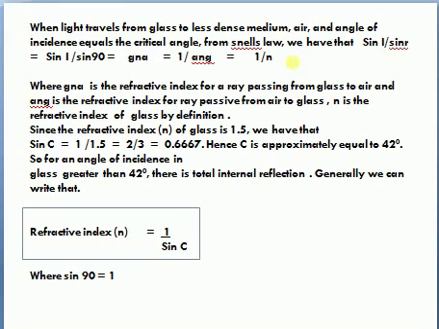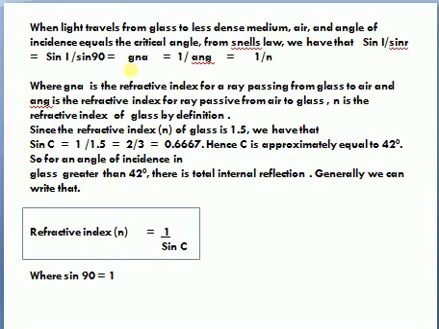From Snell's law, we have this equation. Remember, as Snell's law, we have that n, which is the refractive index, is equal to sine i over sine r. But in this case now, our r is 90. So our n, which is the refractive index of a ray of light moving from glass to air, becomes sine i over what? Sine 90, because our angle of refraction is what? 90.